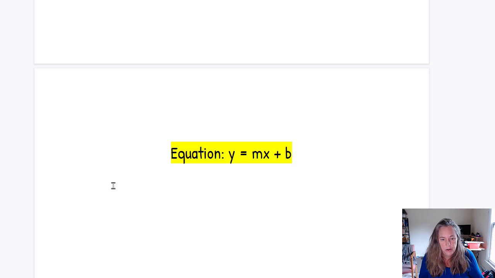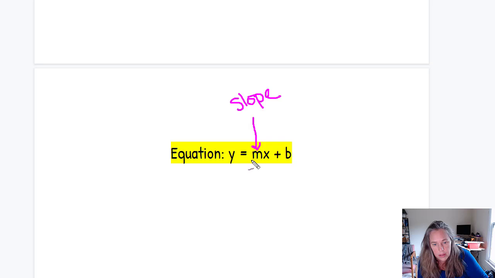For the next part of your notes, you should say that the equation is y equals mx plus b. You can remind yourself that m is the slope. It's also the value times x.